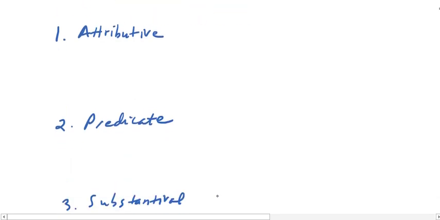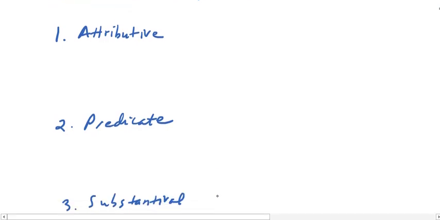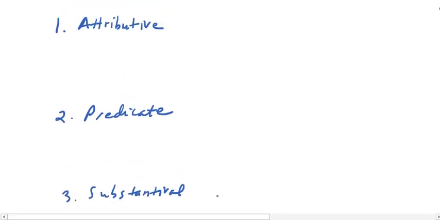Okay, so the 3 types of adjective uses here in Hebrew and in English and in Greek are attributive, predicate, and substantival. Let us walk through the different concepts here first, and we'll use some English examples, and then we'll talk about how Hebrew actually does it. Okay?